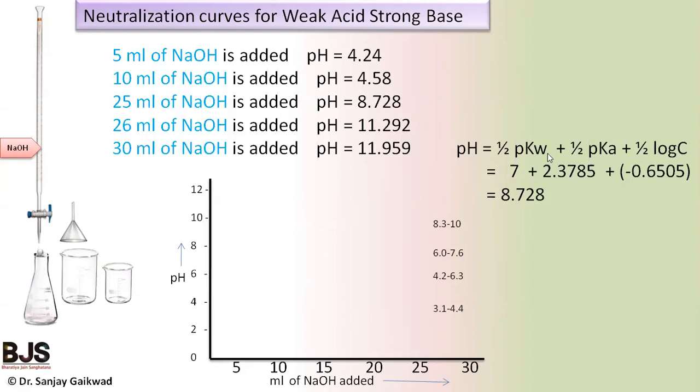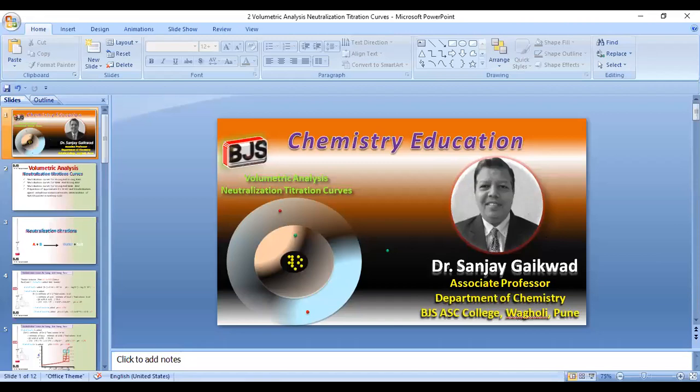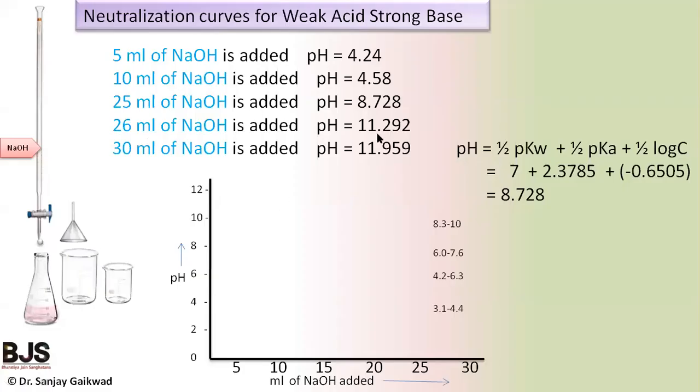It is calculated with this formula: pH equal to half pKw plus half of pKa plus half of log of C. So if you substitute the values, we observe that the pH of the solution is 8.728, slightly basic. And when we are adding the next ml of NaOH, the pH of the solution increases.